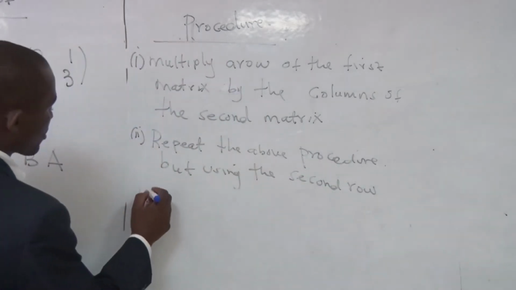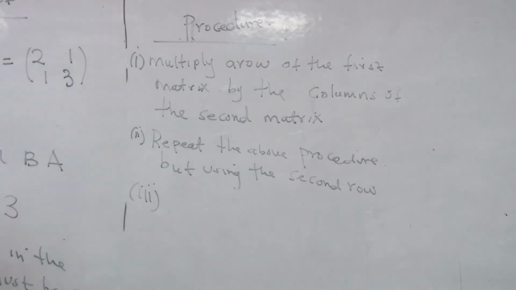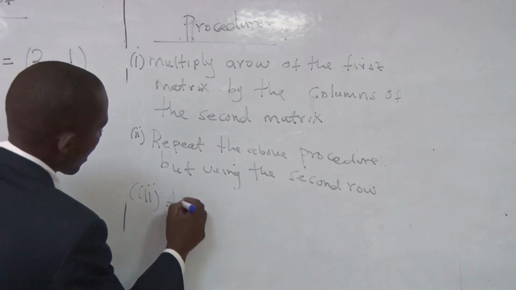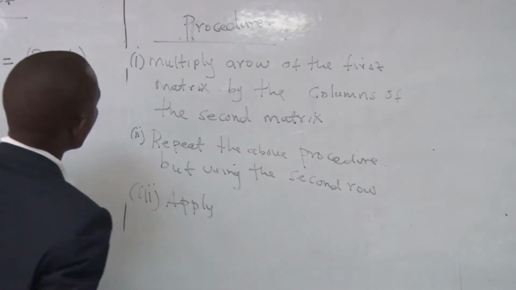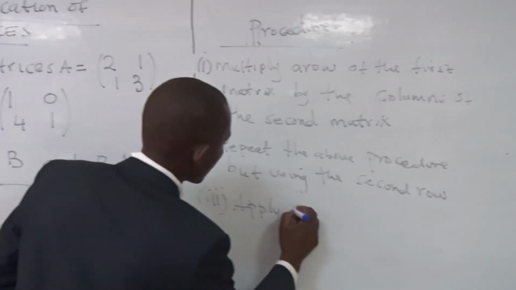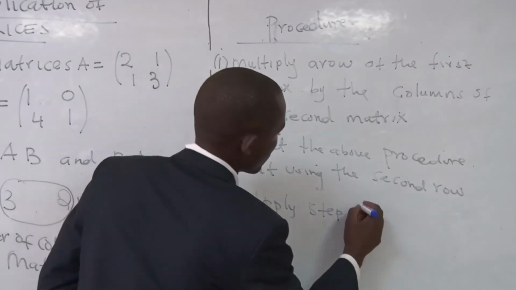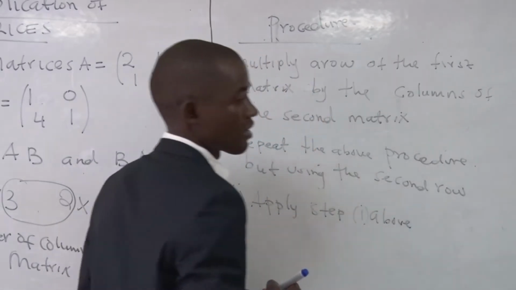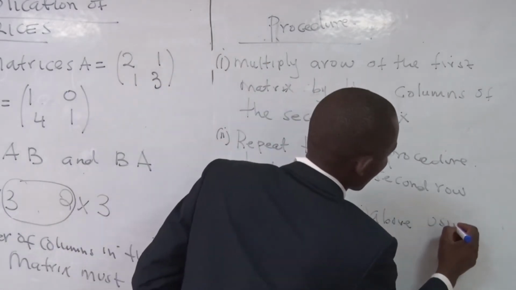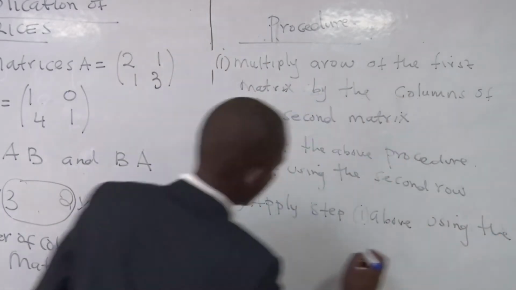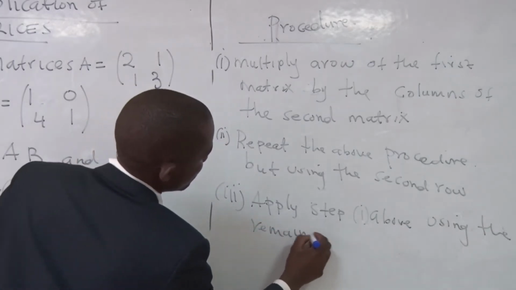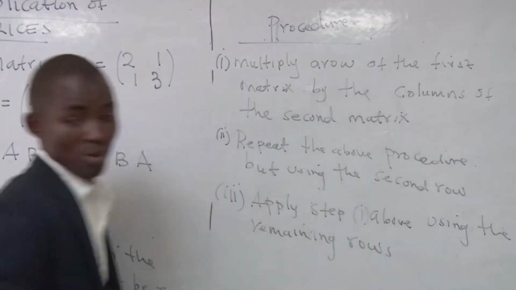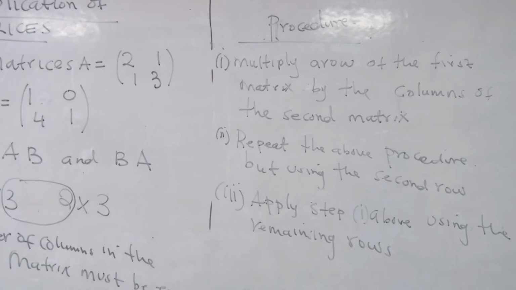The third procedure: apply step 1 above using the remaining rows.